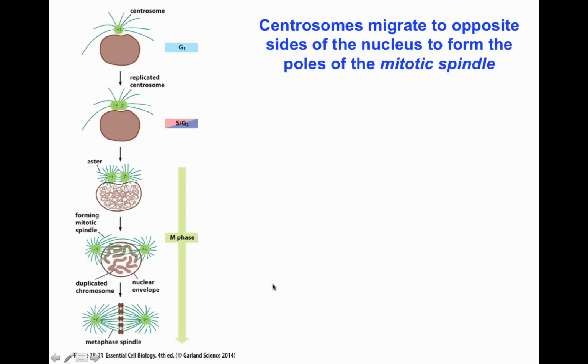Now, during G1, S and G2, you're going to have the duplication of the centrosomes. So at the point that the centrosomes get divided, at S and G2, you eventually are going to enter into prophase, and in prophase you begin to have the condensation of the chromosomes and the separation and assembly of the mitotic spindle.